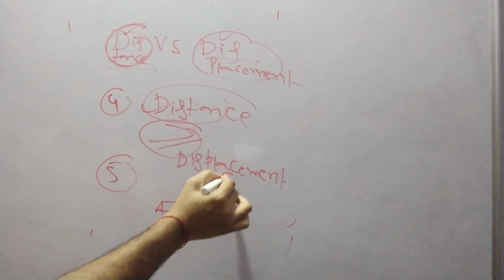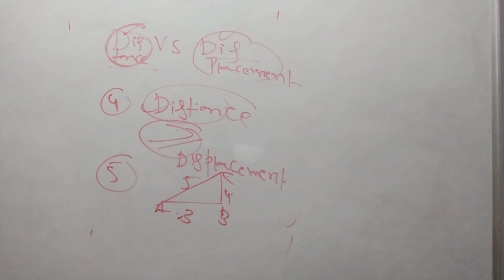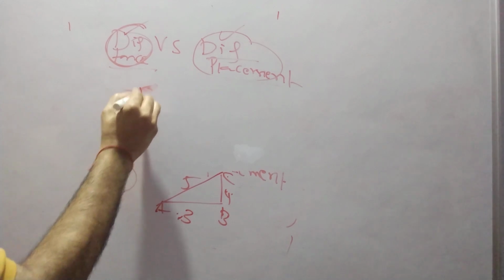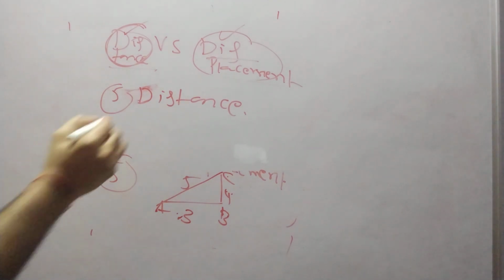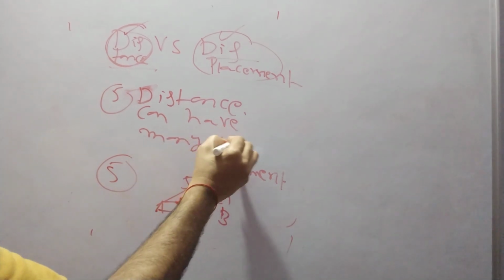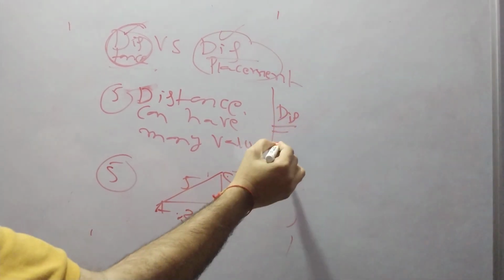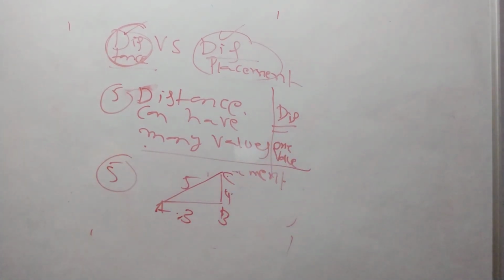So distance can take any value, whereas displacement has only a single value, one value only. So these are the differences between distance and displacement.